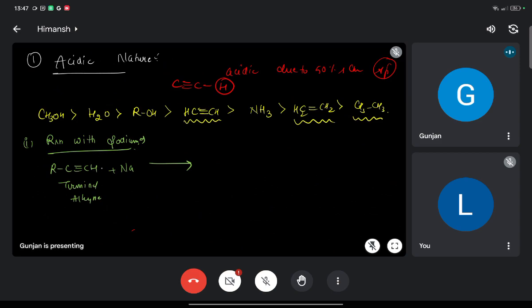It will produce the salt and hydrogen gas. This is sodium acetylide, the sodium alkynate.